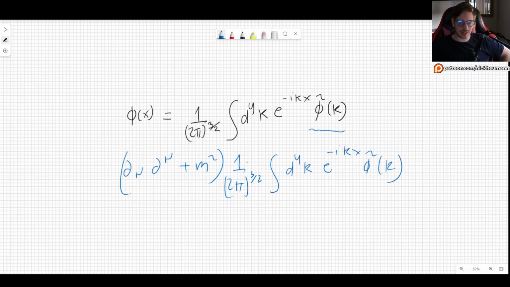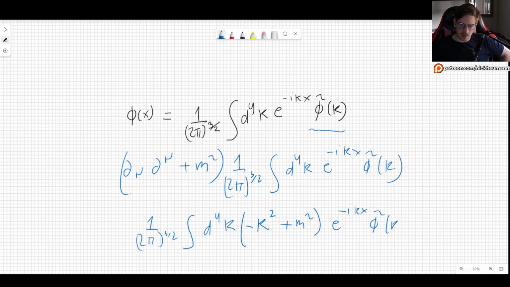Okay, so now if we let it act on this, what we get is 1 over (2π)^(3/2). And now we will just let this act as ∂_μ, so that what we end up with, ∂ for k, is going to be now k squared. So we are going to end up with the 4-vector k, actually going to be minus the 4-vector k squared plus m squared, and then everything else, e^(−ikx).